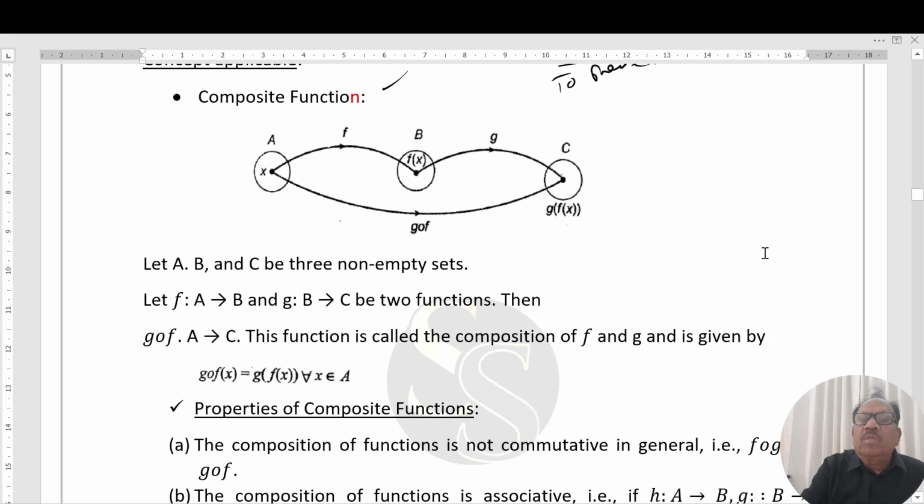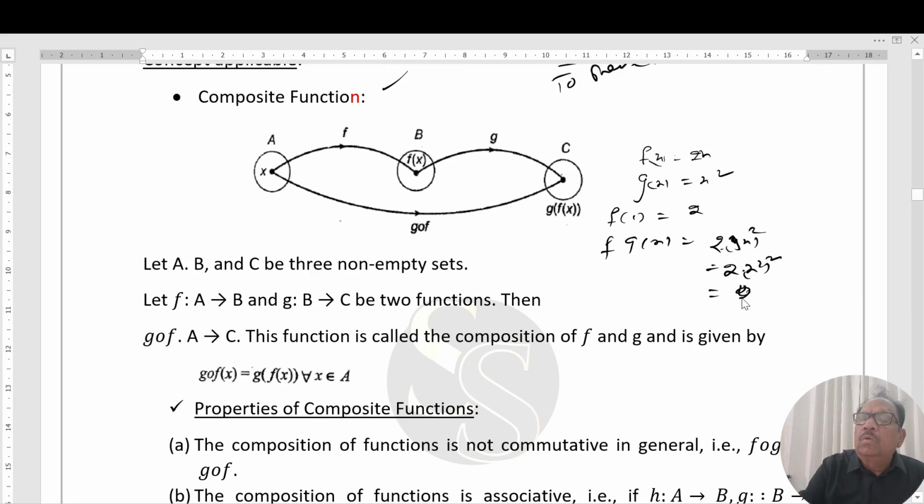This is A to B, B to C. This is g o f. Now, we will start with certain things. Suppose f(x) is 2x and g(x) is x square. f(1) is 2. f(g(x)) is 2 into (g(x)) whole square, that is 2 into (x square) whole square, that is 2x to the power 4.